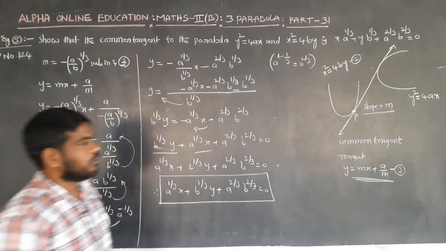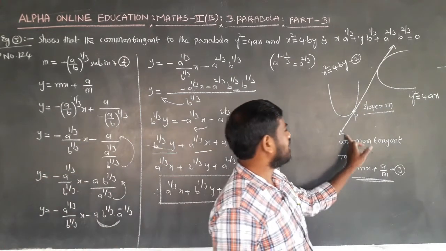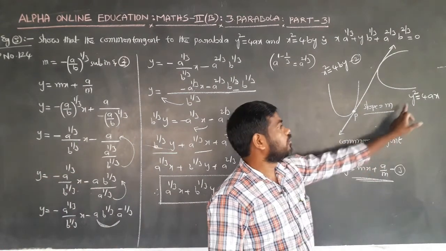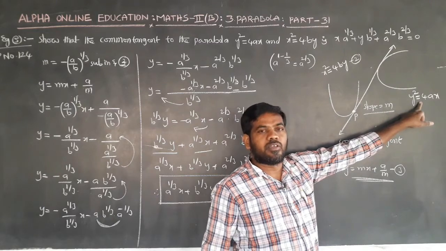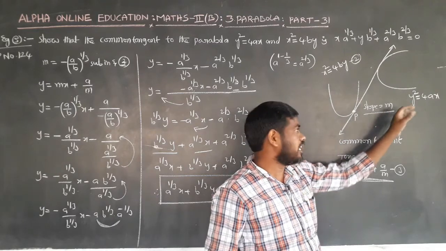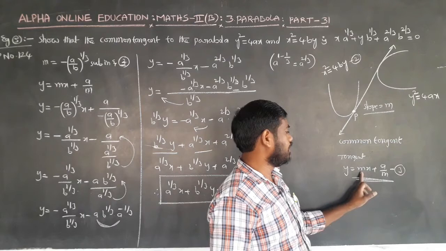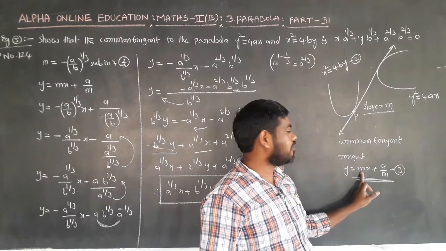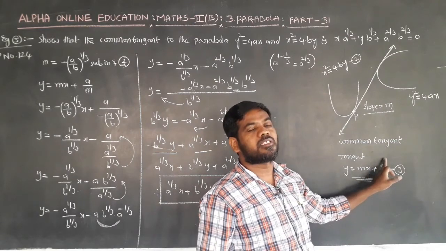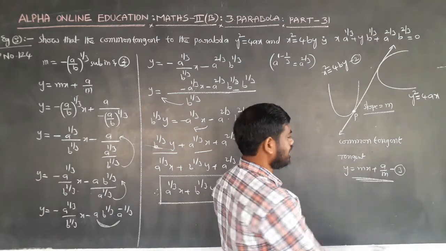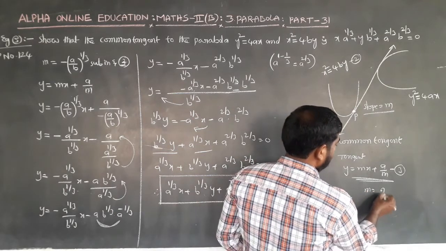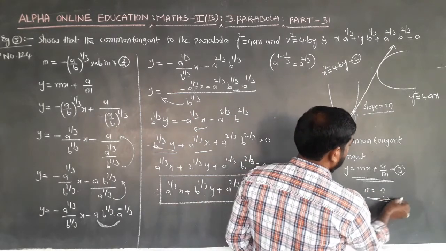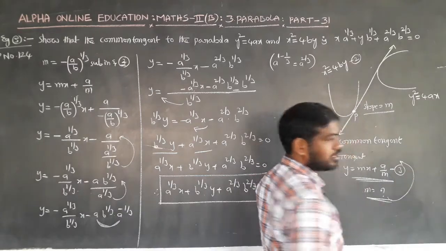First of all, find the equation of the tangent to the parabola y square is equal to 4ax having slope m, which is y is equal to mx plus a by m. Here find the value of m and substitute in equation number 3.